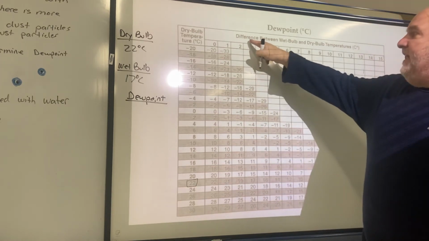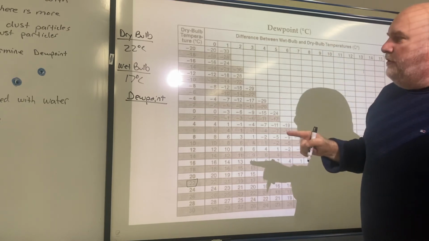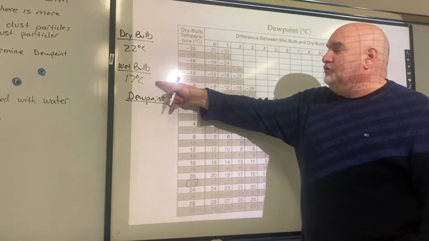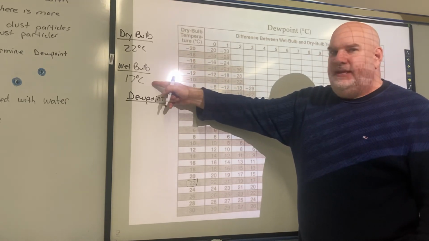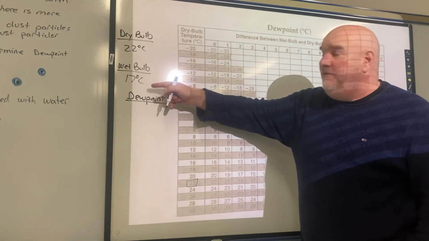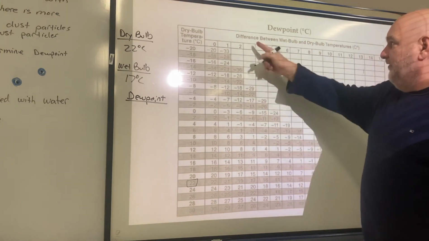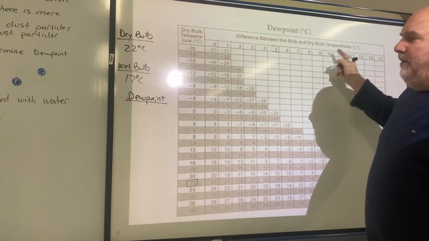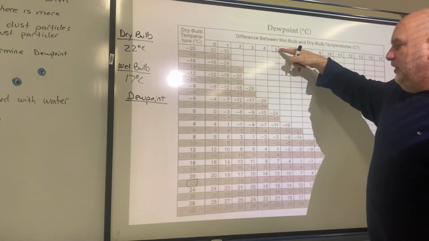It says difference between wet bulb and dry bulb, so I subtract those two numbers. 22 minus 17 is 5, so I look up 5 right there. Again, I take those two numbers, subtract them, and that's what I look up.